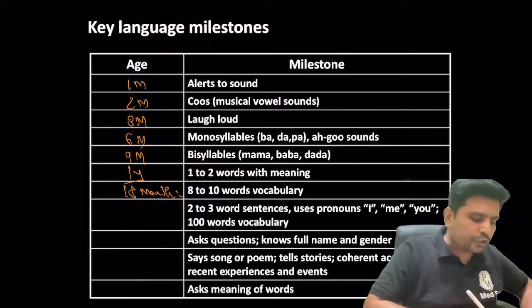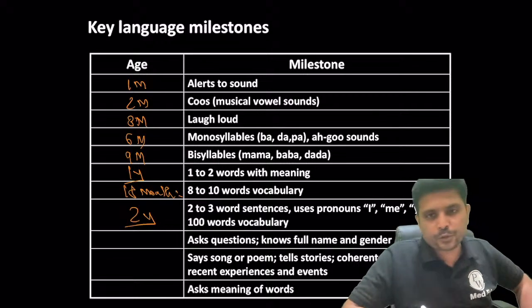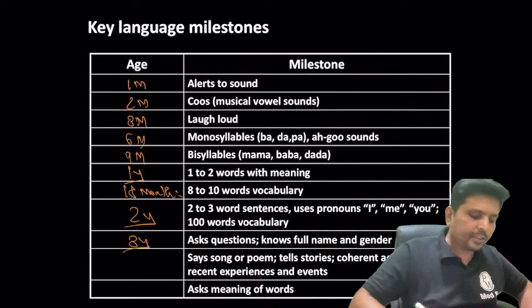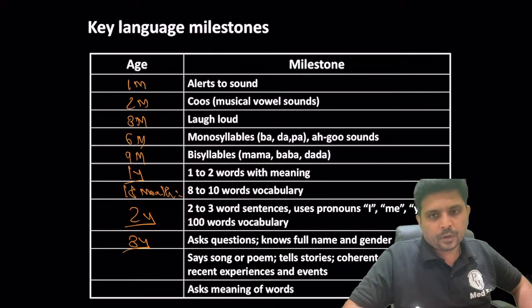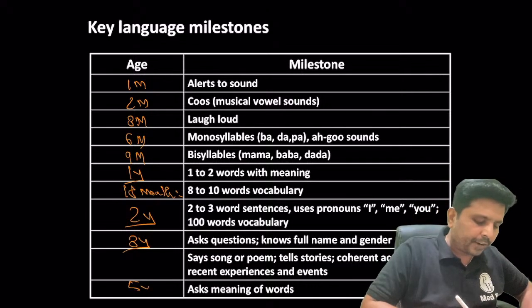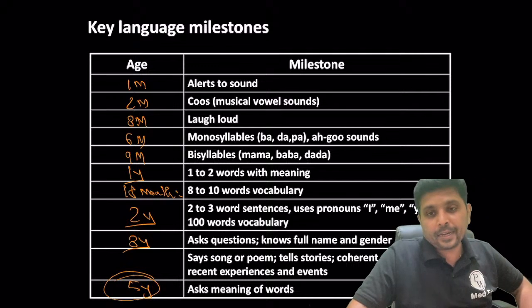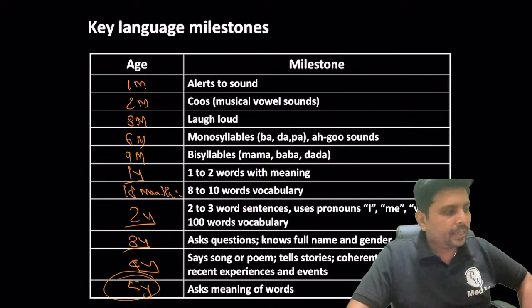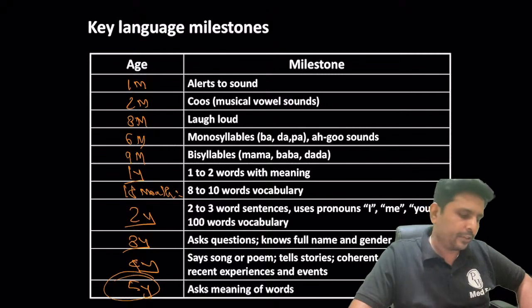I, me, you usually occurs with true speech at 2 years. Full name, gender 3 years. Asks meaning of words 5 years. Tells recent experiences 4 years.